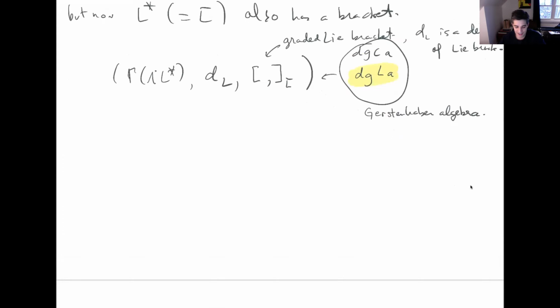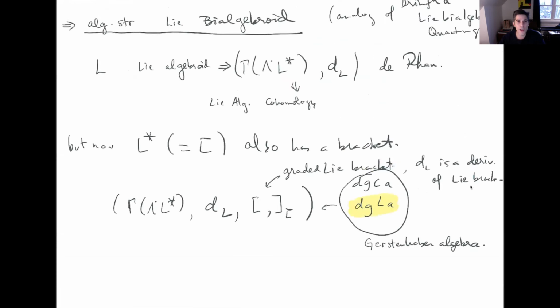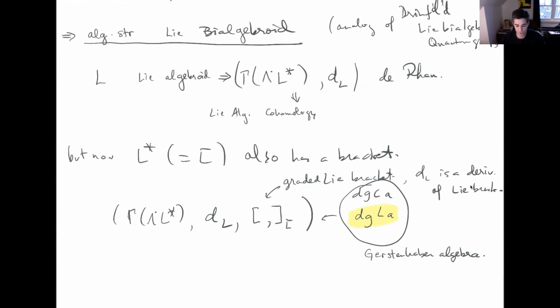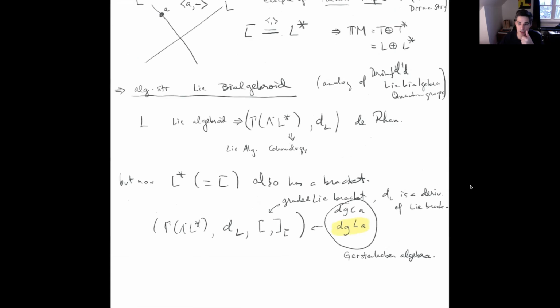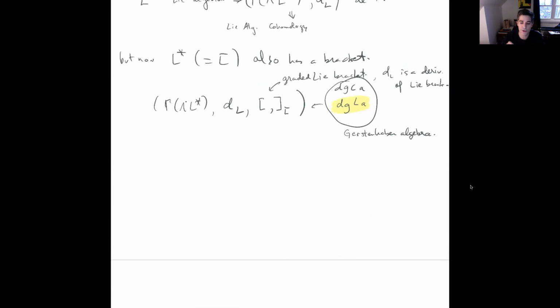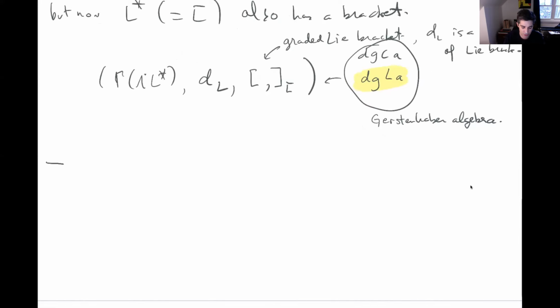Anyway, so this is a clue that this is the algebraic structure that we should use to study symmetries and deformations of generalized complex structures.